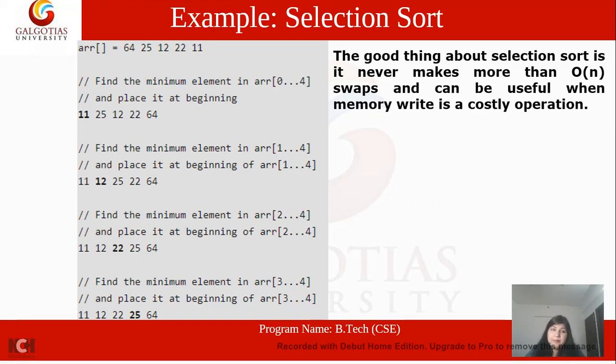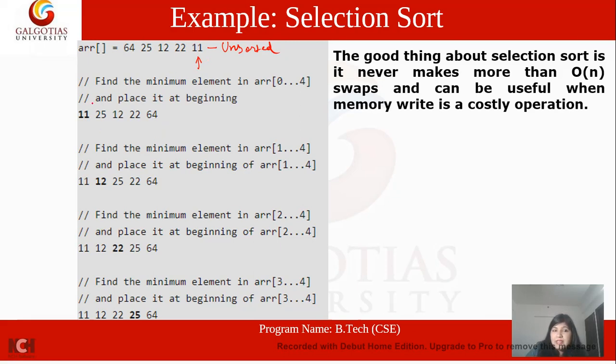Let us see the example here. In this example, this is the unsorted array, and first we will be finding the minimum element. As you can see manually, the minimum element is this 11 here. Now what is required?